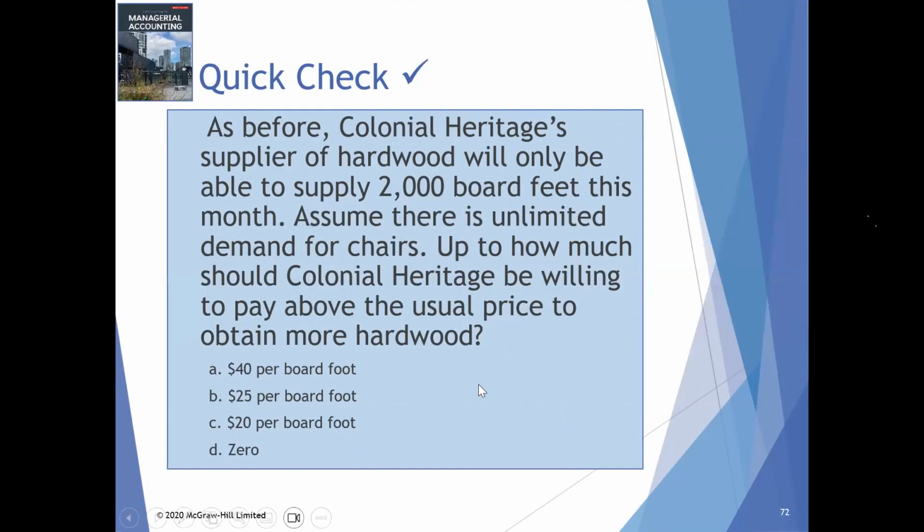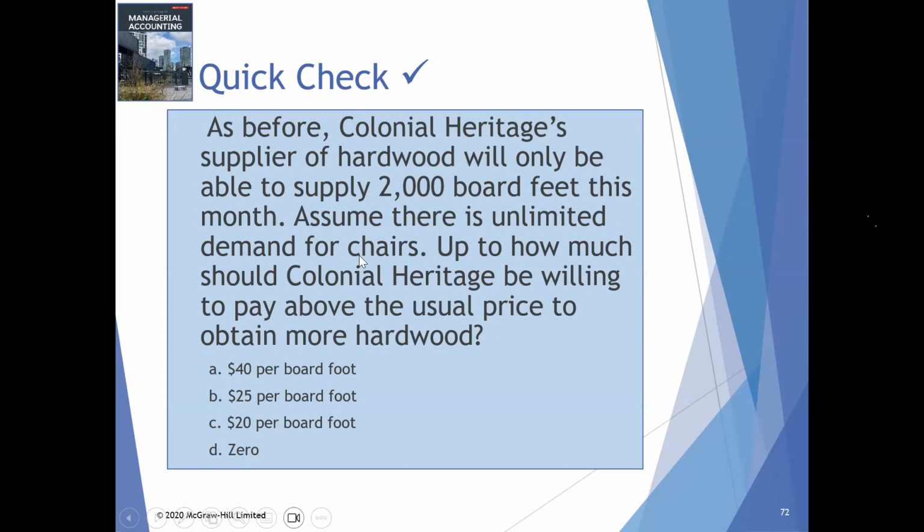So the next question we have: as before, Colonial Heritage's supplier of the hardwood will only be able to supply 2000 board feet this month. Assume there is unlimited demand for chairs.